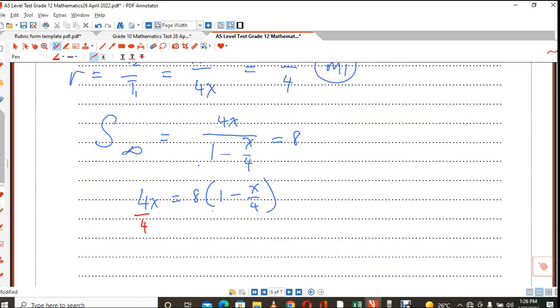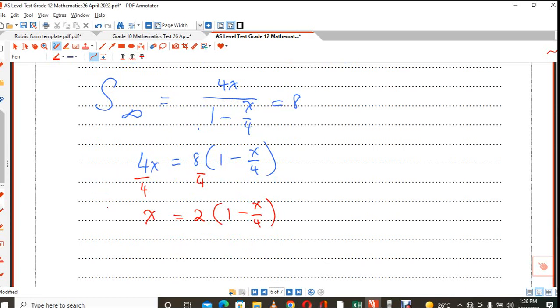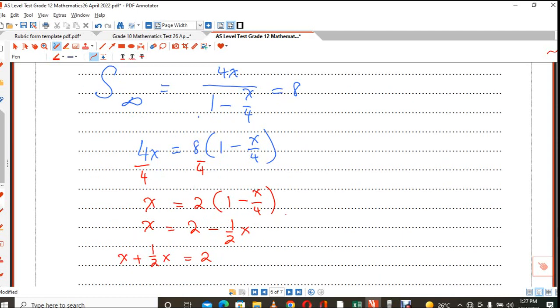4 goes in itself, 4 goes there. So I'll be left with x equals to 2, 1 minus x upon 4. If I multiply out, I get 2 minus a half, because 2 times 1 over 4 is a half. Then I have x plus a half of x equals to 2, because I'm looking for the value of x.